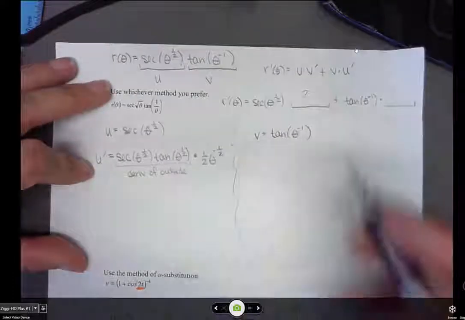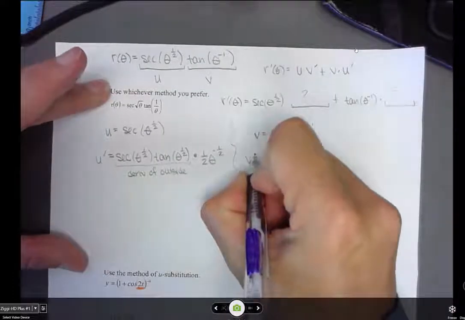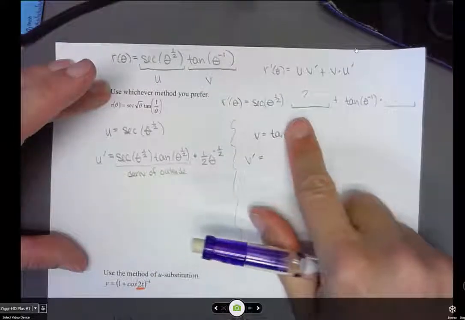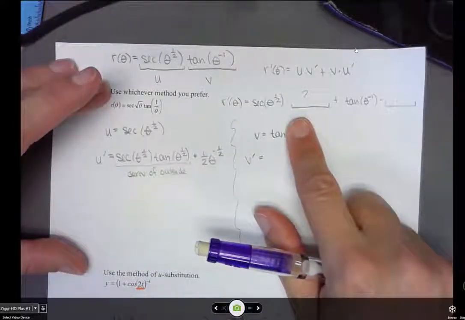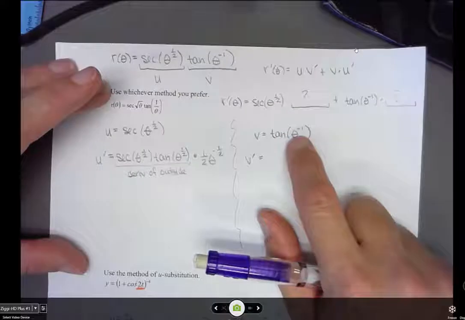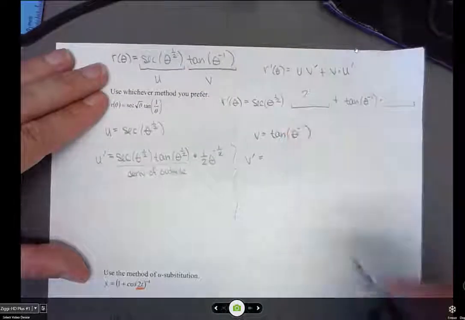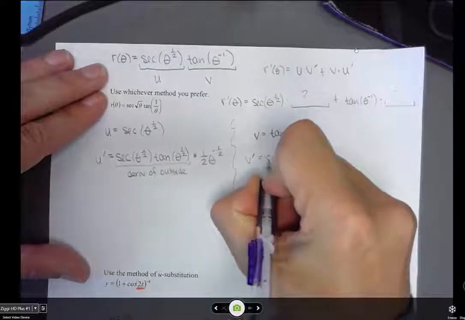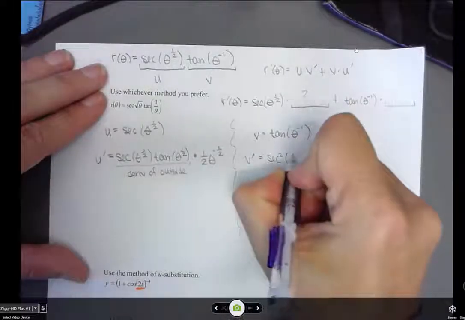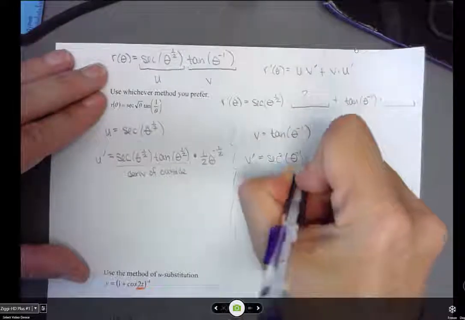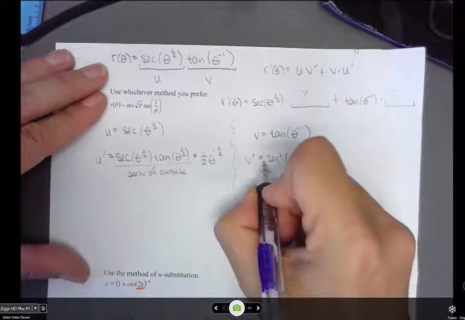So same idea with v prime. The outside function is tangent. So we want to take the derivative of that, but don't make any changes to the inside. And the derivative of tangent is secant squared. So we get secant squared, the inside stays the same. So here's the derivative of the outside.